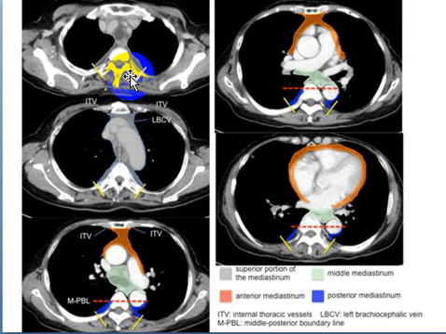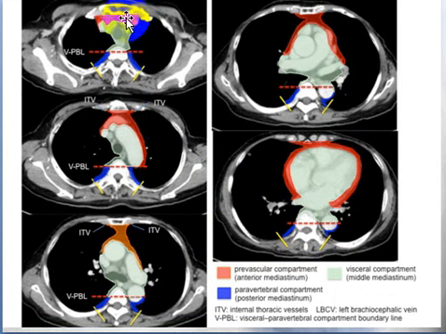Anterior mediastinum here, and it is also the anterior mediastinum here, and the middle mediastinum in the green color, and the posterior mediastinum in the blue color.